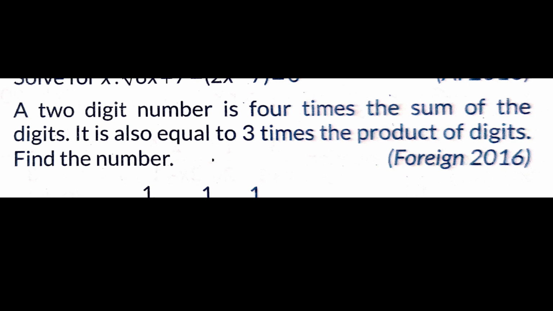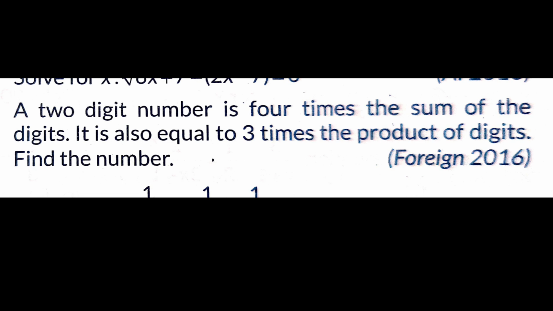Read the question again and again and try to solve it on your own. Pause the video and try to solve the question on your own. Let me repeat the question for you.